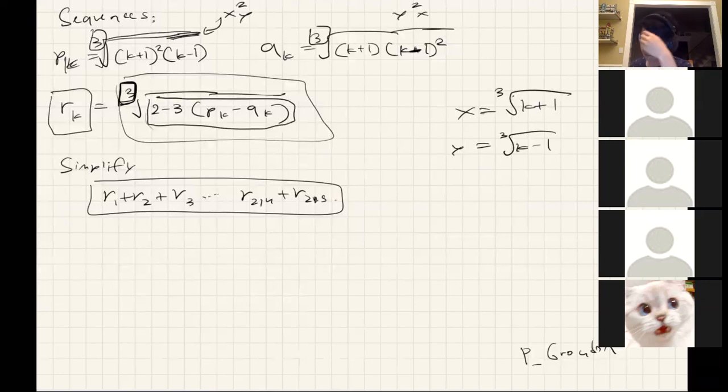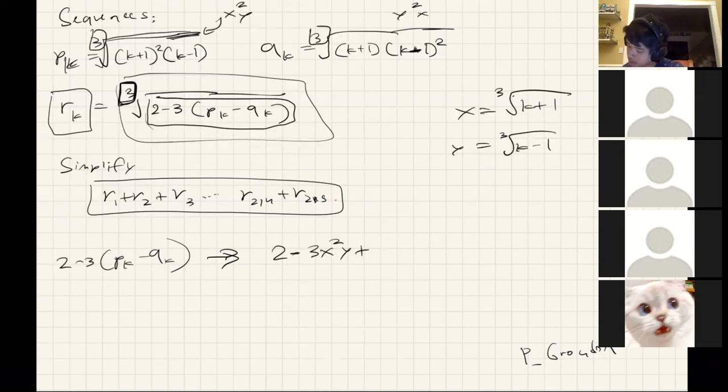So now things are starting to get interesting, because what happens is 2 minus 3 of pk minus qk is going to become 2 minus 3x squared y plus 3y squared x.